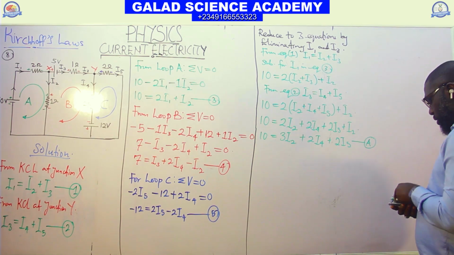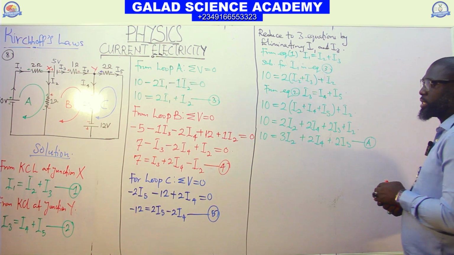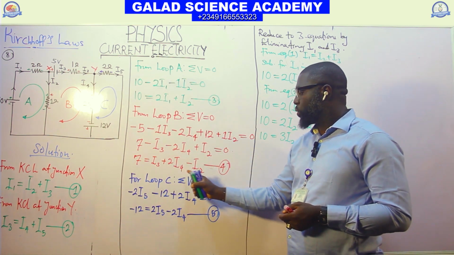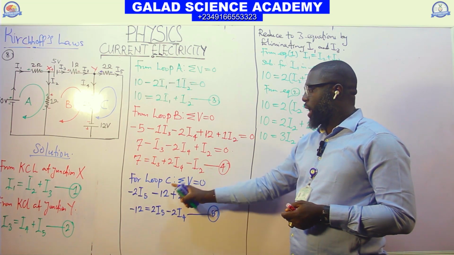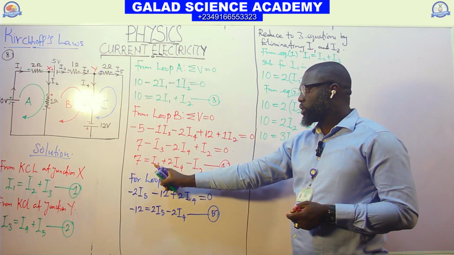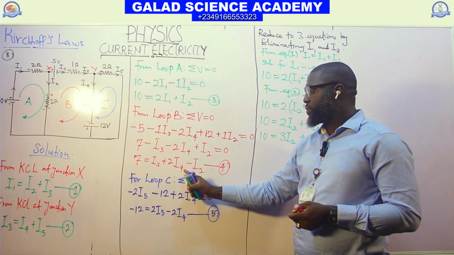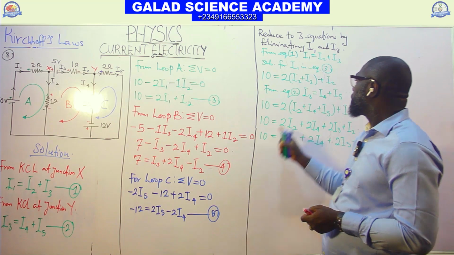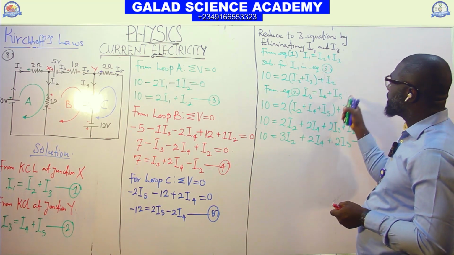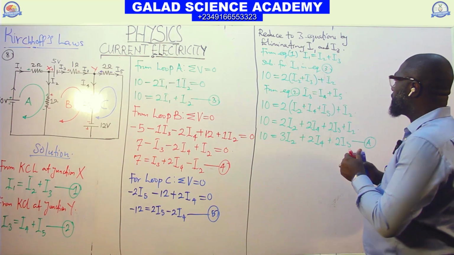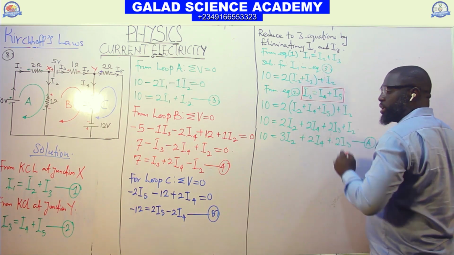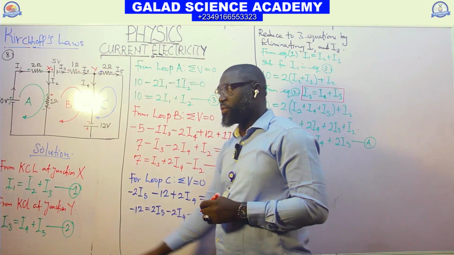The next one is in equation 3. May I have 7 equal to I3, I4, I2. We are eliminating I3. So the I3 is this, the derivation for I3 from equation 5.